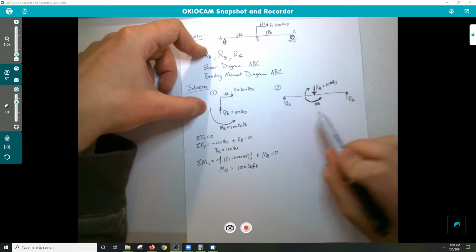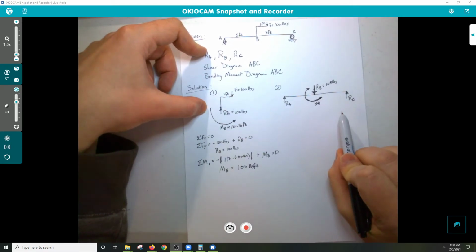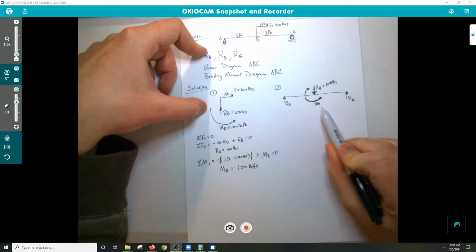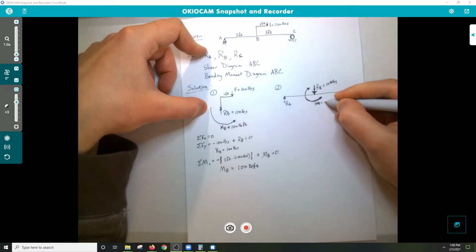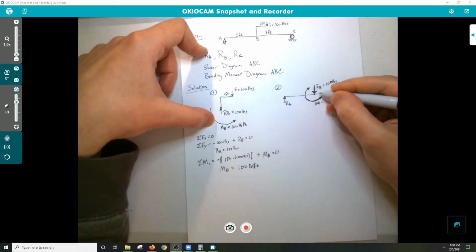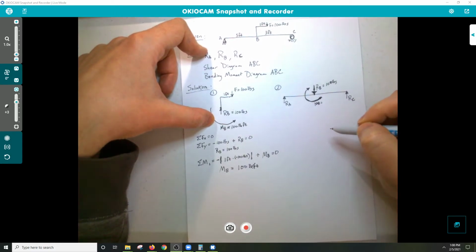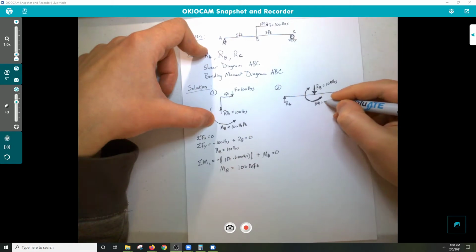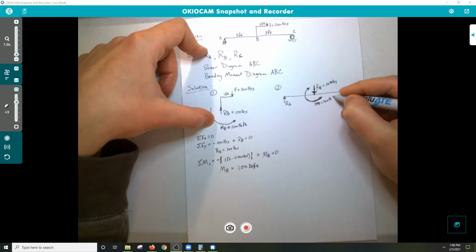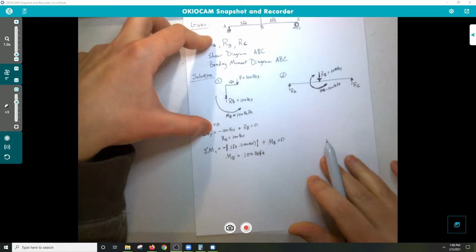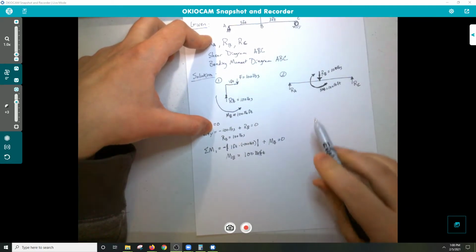All right, so now that we have this free body diagram drawn out, we know our reaction forces in the center anyways. Now we need to get our reaction forces on either support. As I mentioned, this is 100 pound-feet, and again, it's going in the negative direction now.